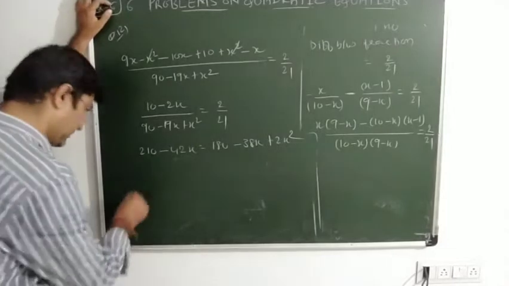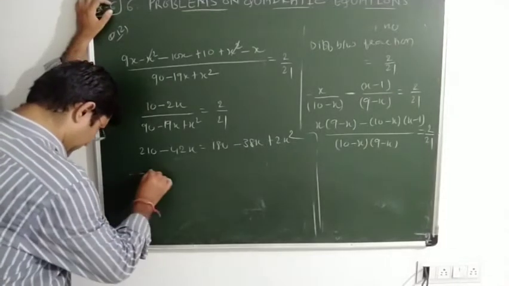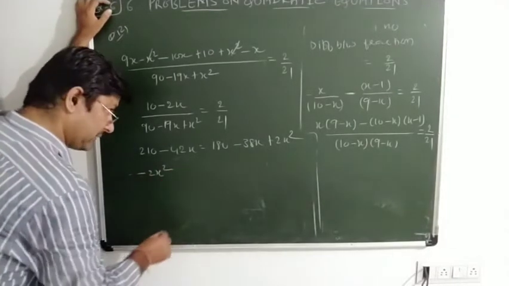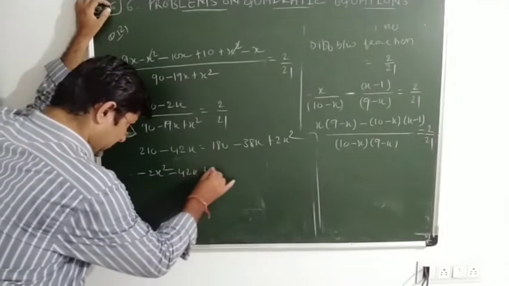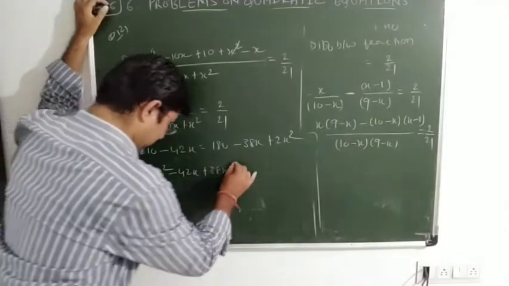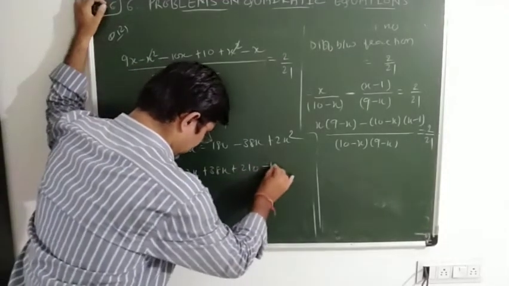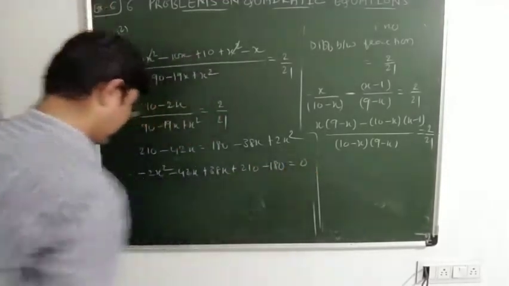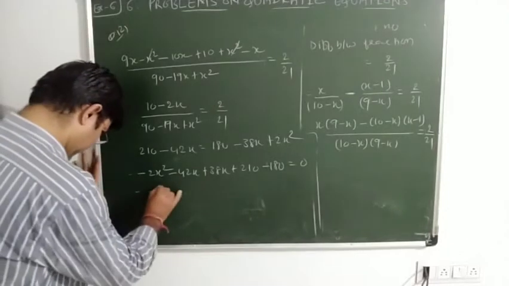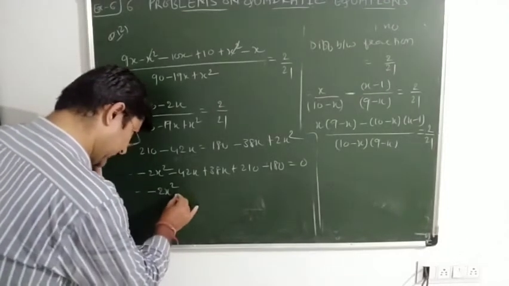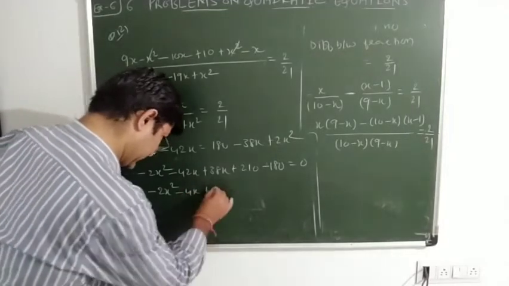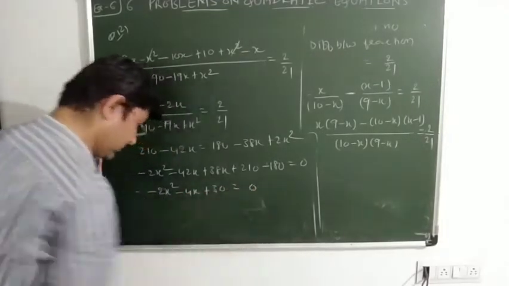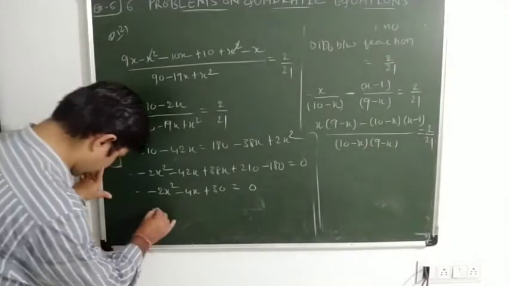Transpose all the terms on the left side. So minus 2x square minus 42x plus 38x plus 210 minus 180 is equal to 0. Therefore minus 2x square minus 4x plus 30 is equal to 0. Take minus 2 common.